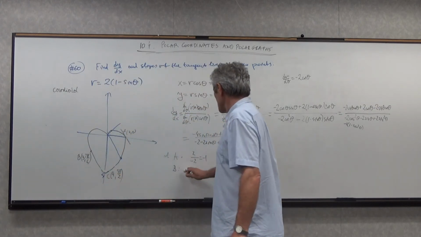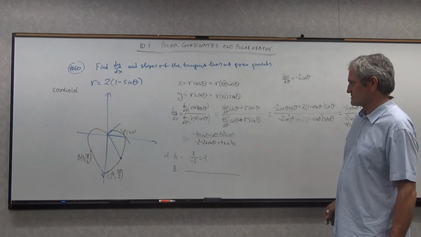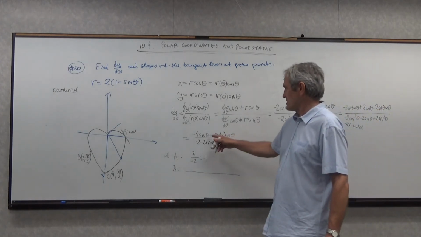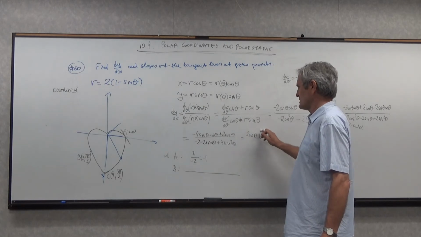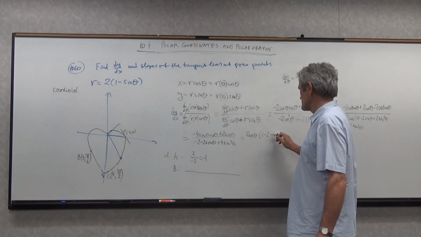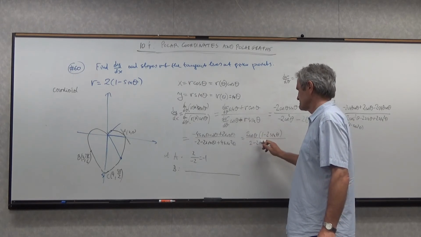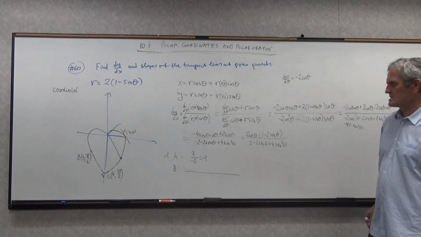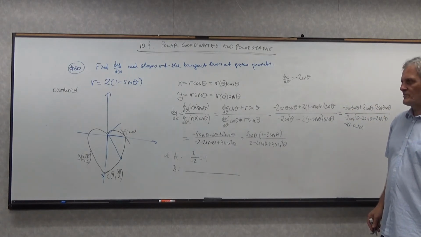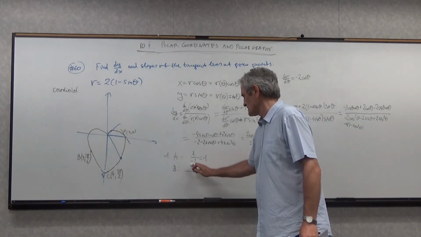What about at B? So what we do there, that 7 pi over 6, they are both negative. So maybe I should really factor out here 2 cosine theta times 1 minus 2 sine theta. Well, it doesn't matter. Might be nicer. So cosine of 7 pi over 6 is minus root 3 over 2, but minus root 3 because it's double.